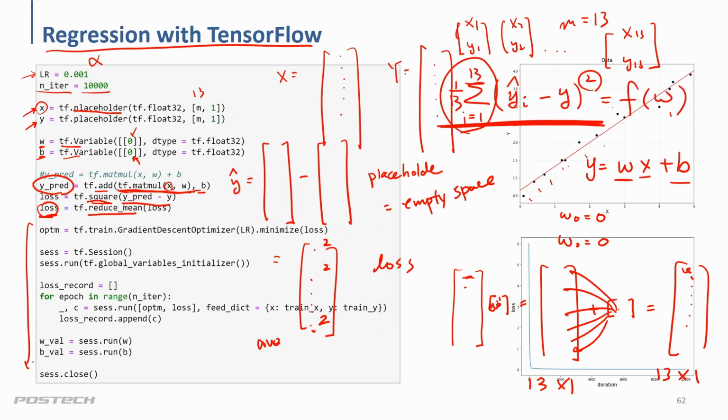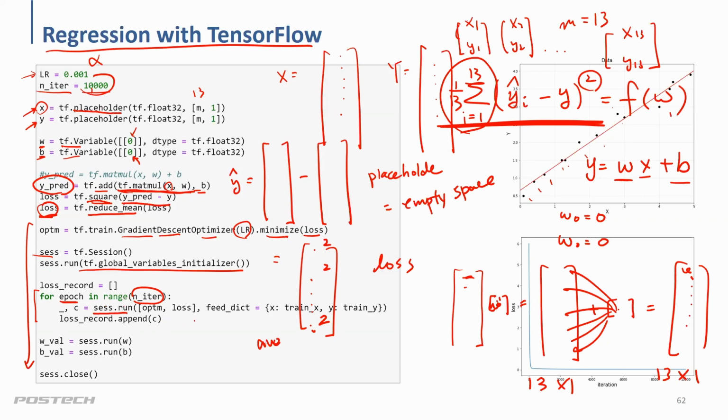Now the next step, obviously, is that I define the loss function and minimize it using the gradient descent optimizer with this kind of learning rate. I open the session and initialize it, and I run or repeat iterations, with each epoch, about 10,000 times.